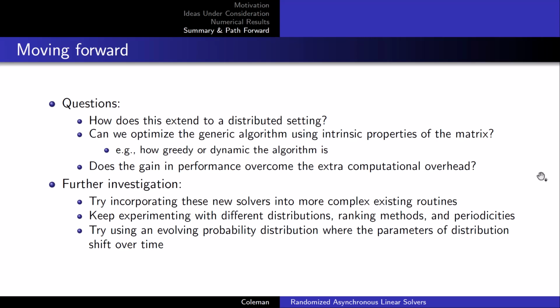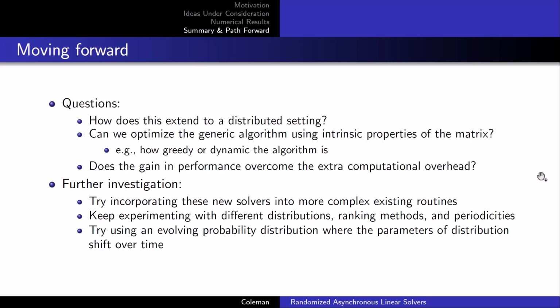We also had an idea of trying to use an evolving probability distribution. So instead of creating a new distribution, essentially refitting a distribution, is there a way to just let the parameters of the distribution shift over time, hopefully with something you know about the problem, maybe some property of the matrix or some property of the initial residual?